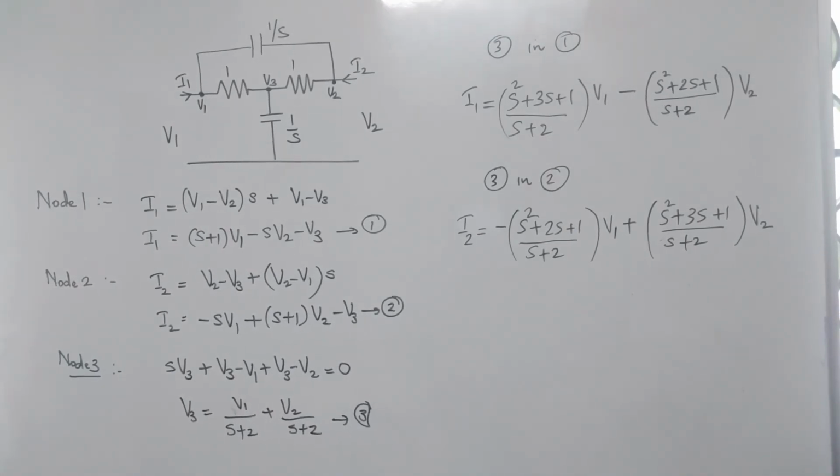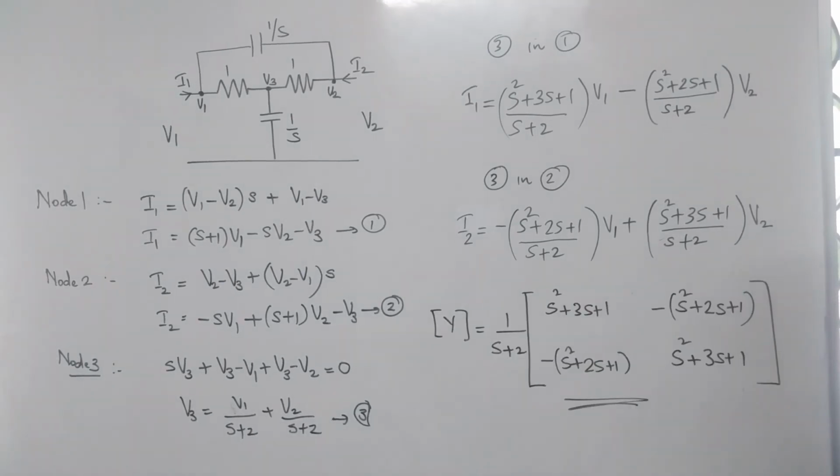So we have got all the 4 parameters, which can be written in matrix form. So this is how we solve the equation. When you are asked to find out y parameters, try to express the given circuit in current equations by applying node analysis.